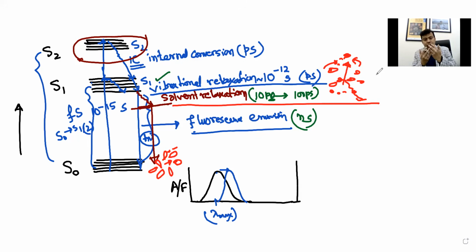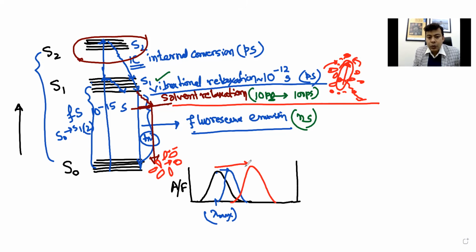So all these things are happening on the picosecond to tens of picoseconds time scale. And after solvent molecules are able to completely solvate this, then you have a solvent relaxed state. Upon solvent relaxation, there is also a drop in the energy as depicted here. Therefore, you are now going to see a much more red-shifted emission.